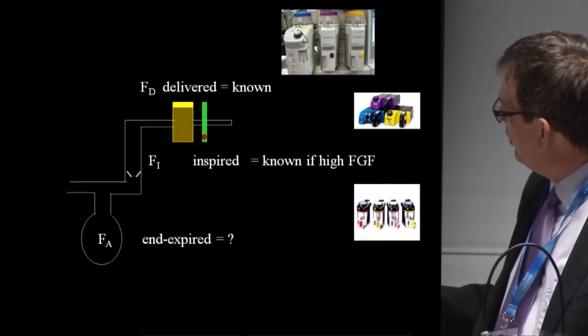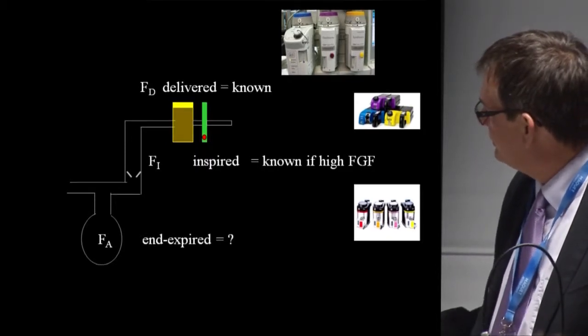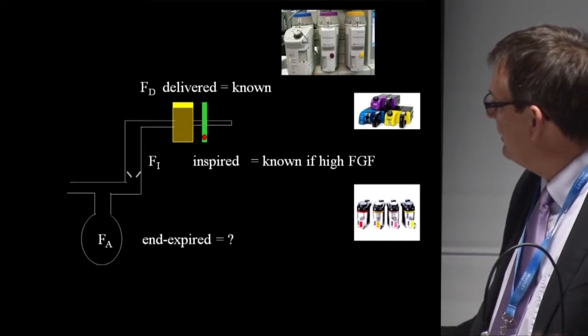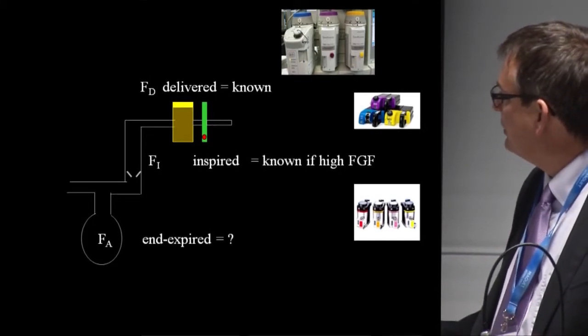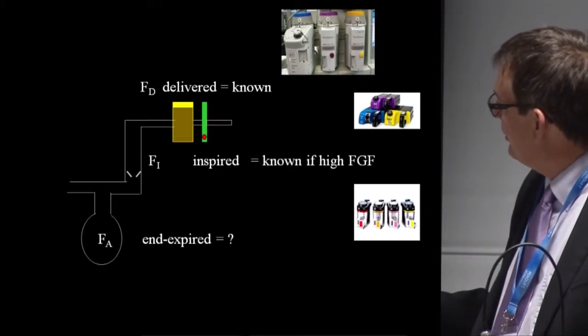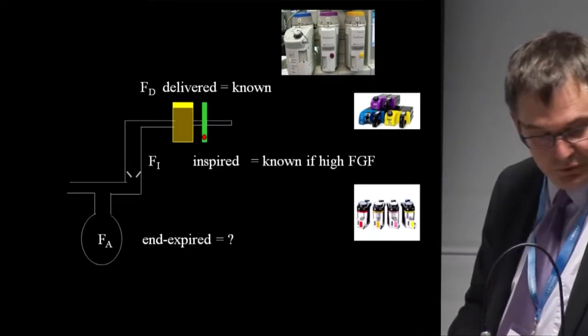Providing we were also using a high fresh gas flow, we also knew what the patient's lung was actually inspiring. The reason for the high fresh gas flow was, one, that there would be no rebreathing, and two, there were some stories that the vaporizers were only accurate if high fresh gas flows were used.